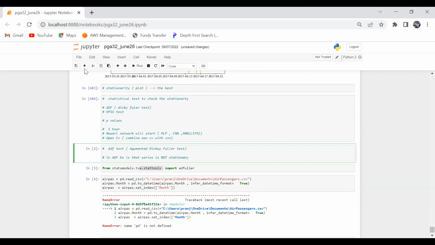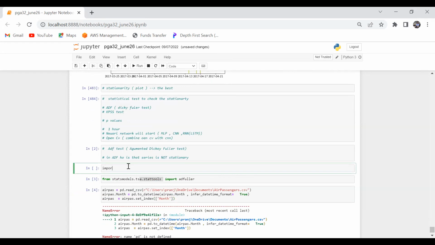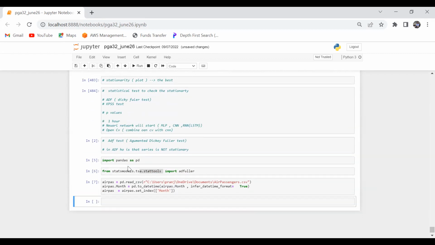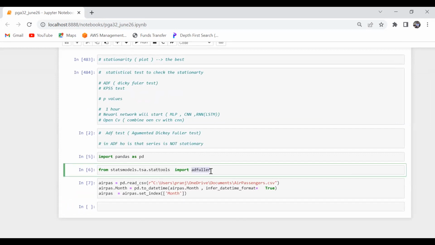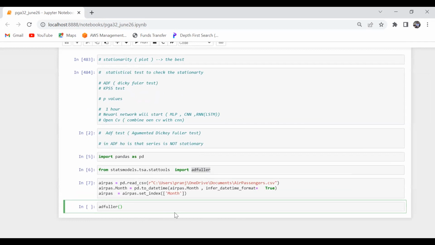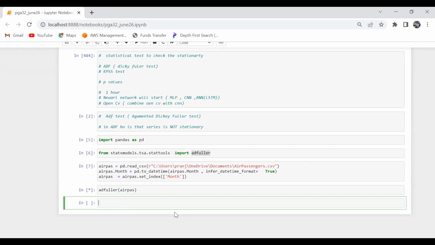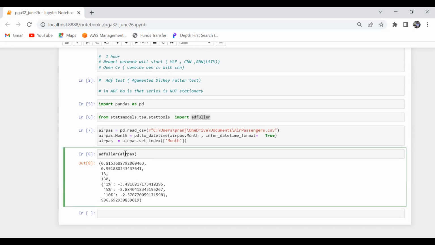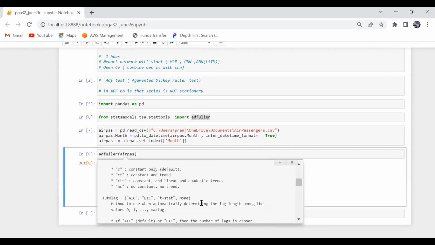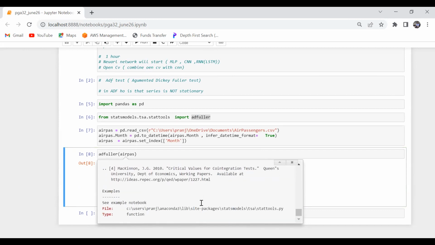Pandas is not defined. Okay. Now what I'll do is I'll say adfuller. It will give me many values. So basically, read your file, and then we can see this.